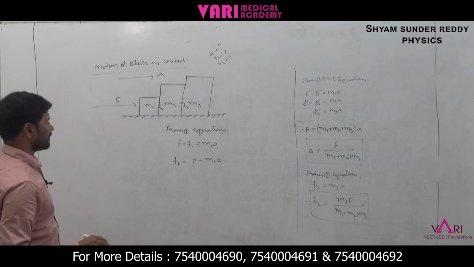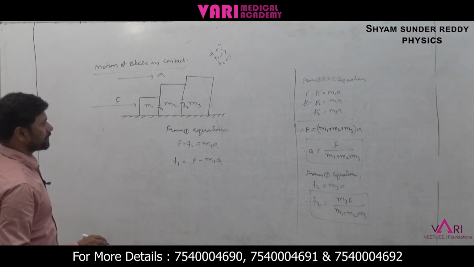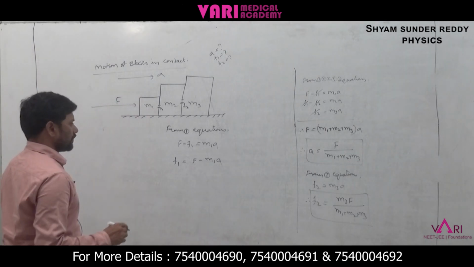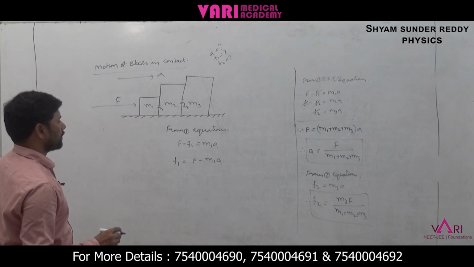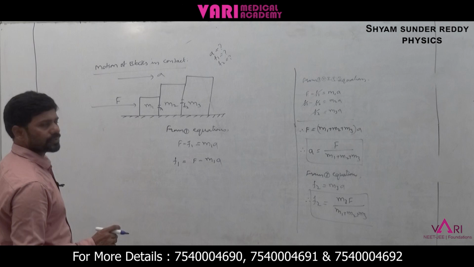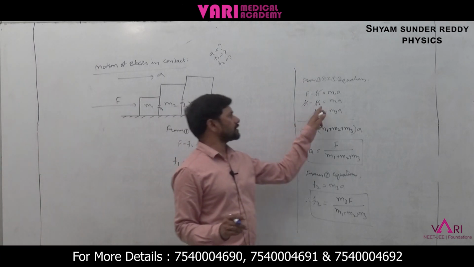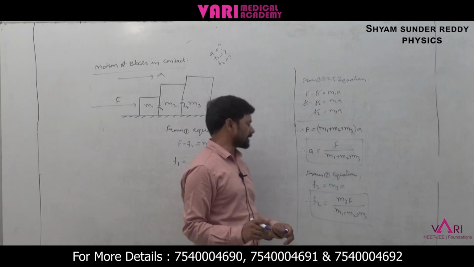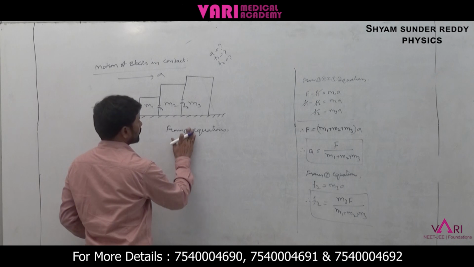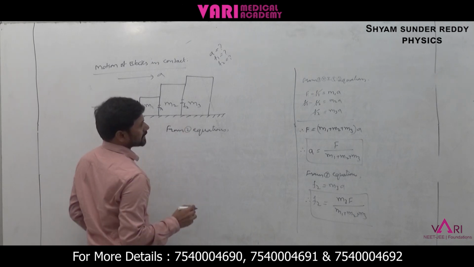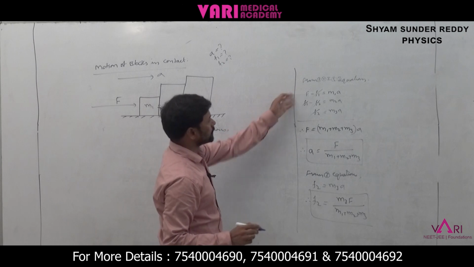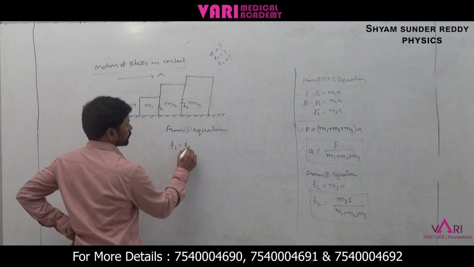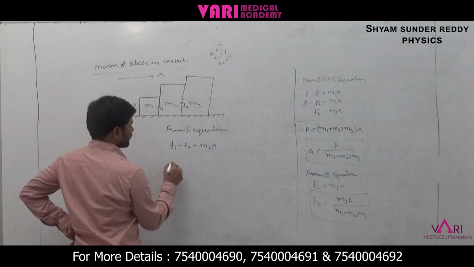But it is better to take the second equation, F1 minus F2 is equal to M2A. Substitute the F2 value here, then we directly get the answer. The other way also gives the answer, but the steps are more.